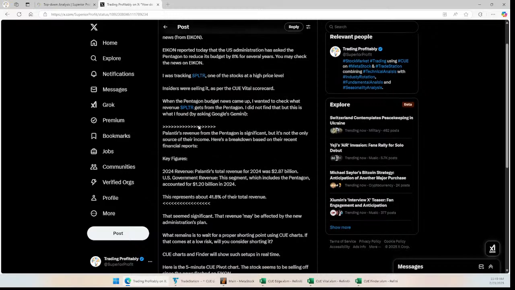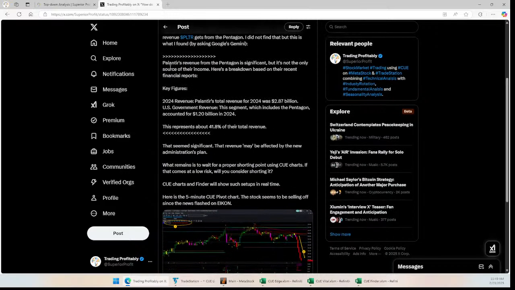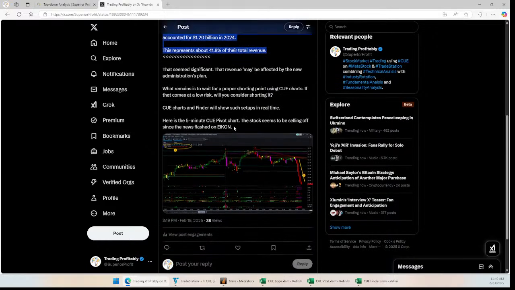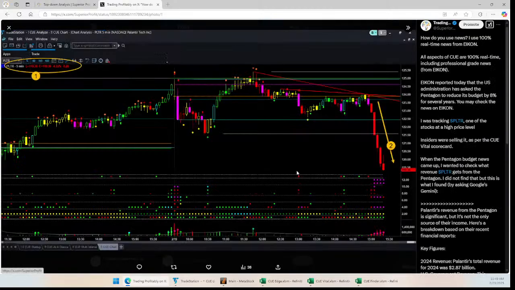I found out using the AI tool Gemini that the US defense budget contributes a huge percentage of Palantir's revenue. I was already aware of the stock being at a high price level, and I saw it starting to fall like a rock. Looking at the news and asking Gemini took me 5 minutes, maybe max.